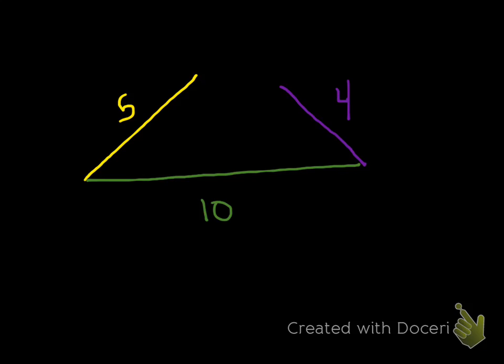If we treat these points as hinges, and if I fold down my 5 so that it's laying down here, that's going to be 5, because I'm just putting it down there. And if I take my 4 and I lie that down, it's going to be 4. So you just kind of visualize it. So 5 plus 4 is only 9, so I've got this empty space right here. If they can't meet up, it's not going to make a triangle.